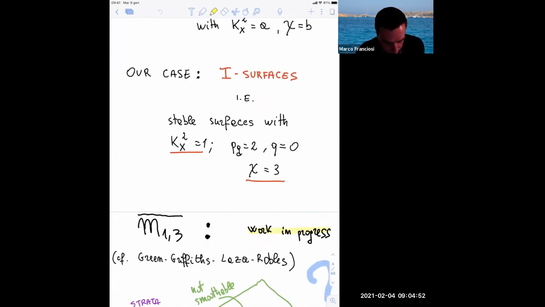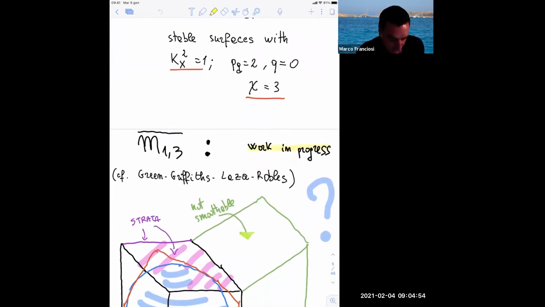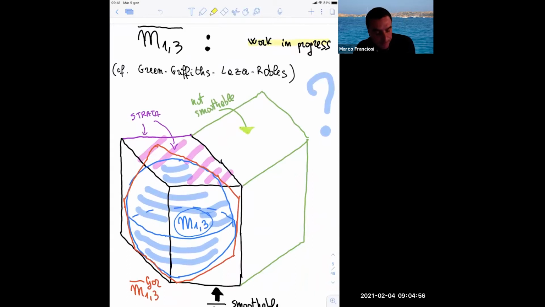So the aim of the talk is to describe this picture, the compactification of M_{1,3}, and this is work in progress. We have here a question mark since we are not sure that the picture is complete, and our description may be not exhaustive, but we want to show some evidence of what is happening.